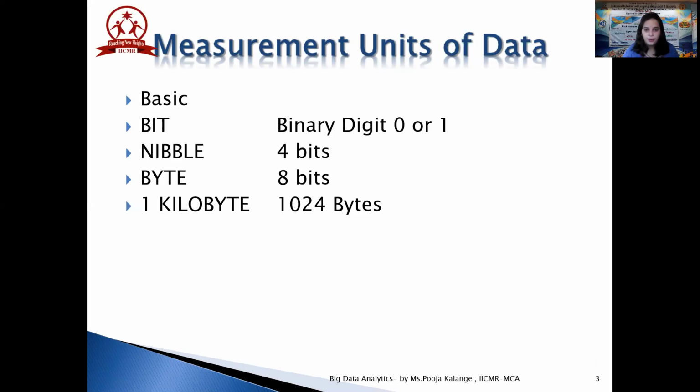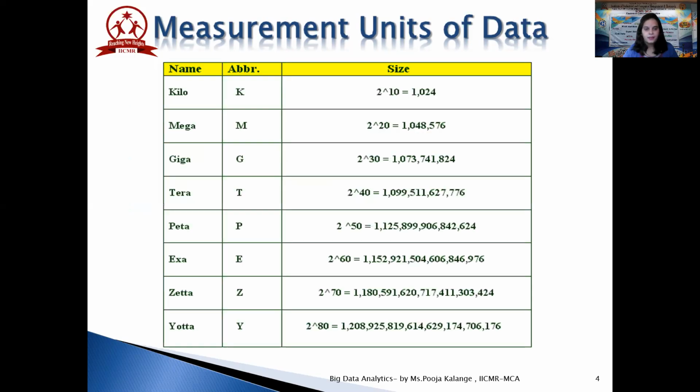Then comes 1 kilobyte, which is nothing but 1024 bytes. So we will see the hierarchy of the measurement units of data and what is the largest unit of data available till now. As you can see here, this table shows the name, the abbreviation and the size. All sizes are given in powers of 2, because we represent bits in powers of 2.